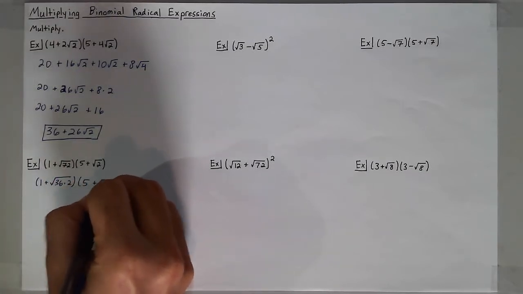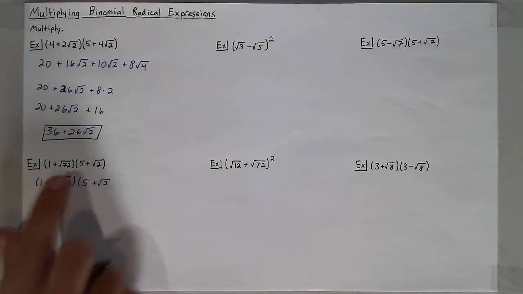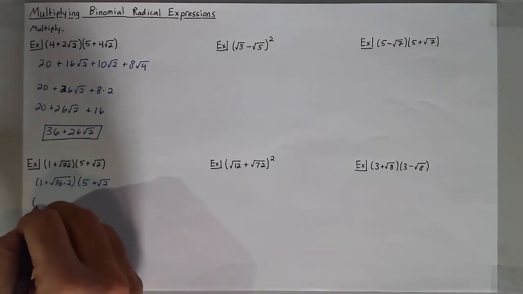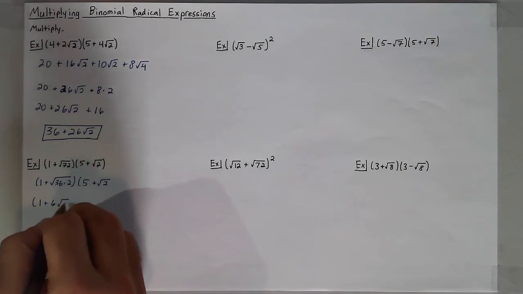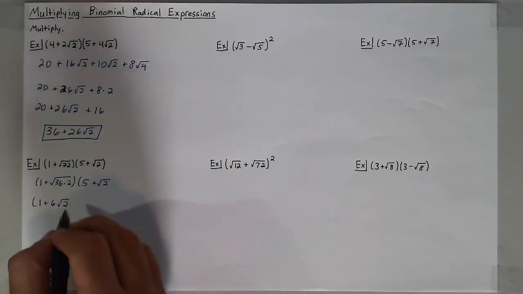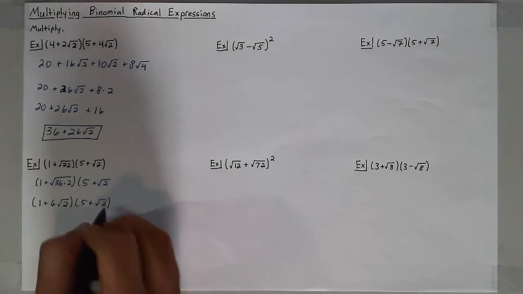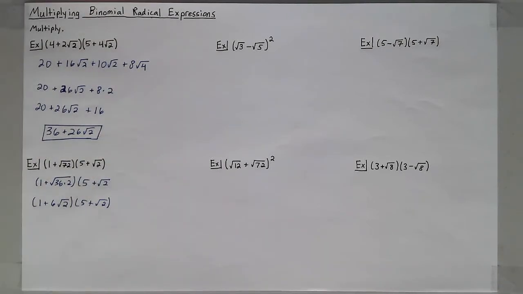And since 36 is a perfect square within 72, I can now take the square root of 36 and get 1 plus 6 square roots of 2 times 5 plus the square root of 2. And now I'm ready to FOIL and get my new binomial expression afterwards.